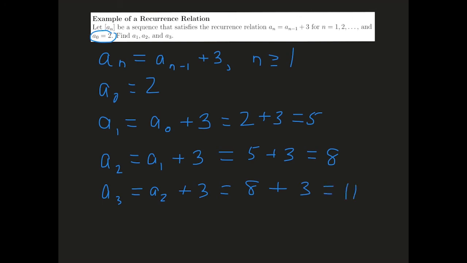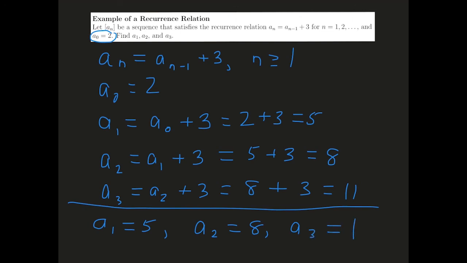So summing all of this up, a_1 was 5, a_2 was 8, and a_3 was 11.